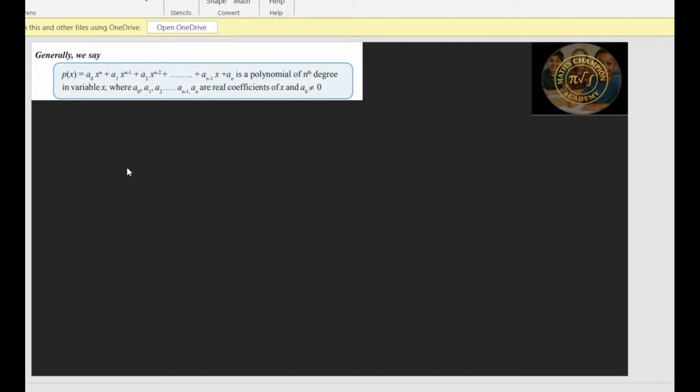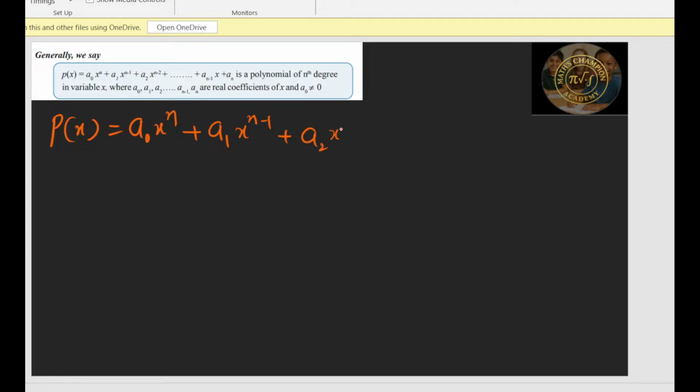If any polynomial you are writing of nth degree in variable x, I am going to write here p of x is equal to a naught x power n plus a1 x power n minus 1 plus a2 x power n minus 2 and so on up to a n minus 1 x plus a n.